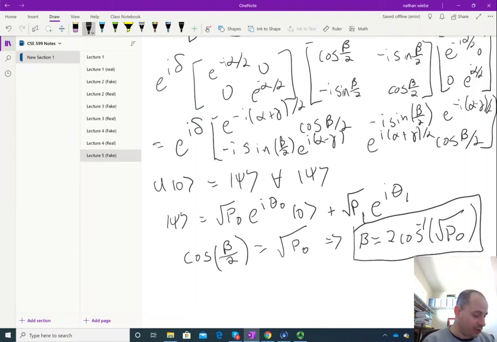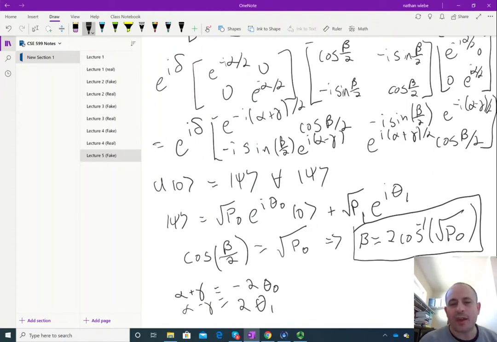So this gives us a sufficient value to pick in order to set the probabilities. Now, in order to produce the phases correctly, we need to pick alpha plus gamma equals negative 2 theta 0. And similarly, we need alpha minus gamma equals 2 theta 1.